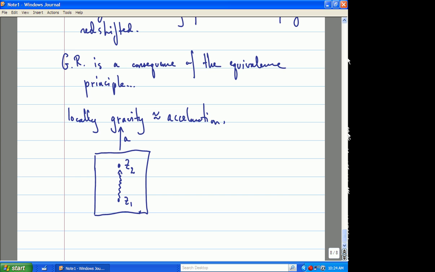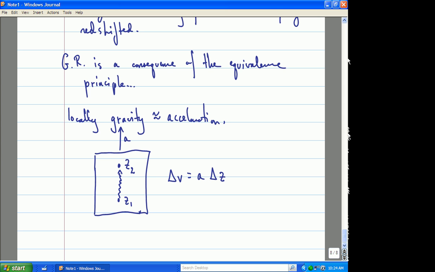And the change in the velocity of the elevator will be a times the difference in the positions. That's just the statement that the elevator is accelerating constantly.